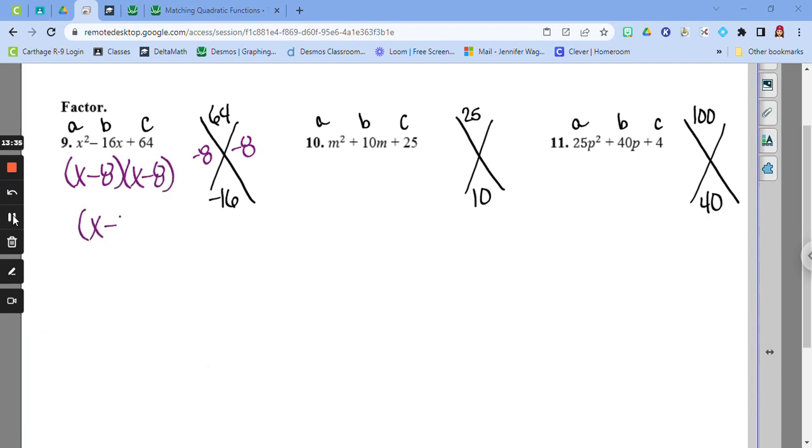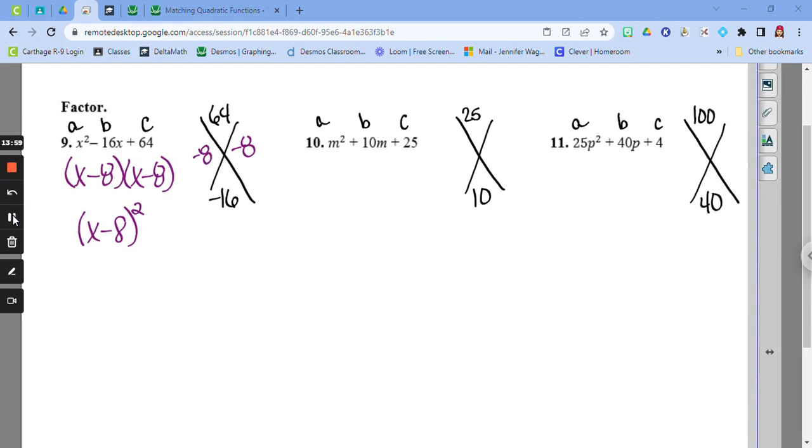Or I could write it once with an exponent of 2 to tell me that there are two of the same thing. So these three are what we would consider special factors for trinomials because you get the exact same two factors.